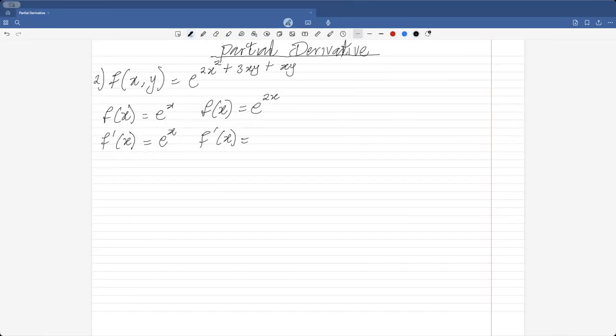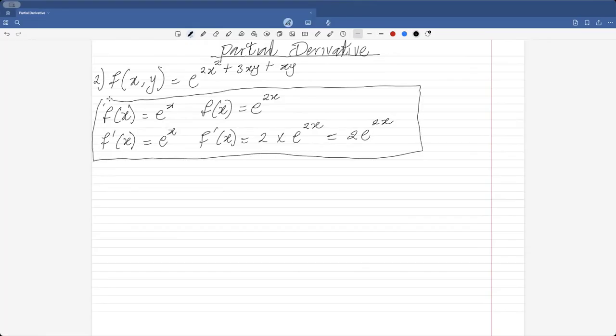The inside function is 2x, which is at the top. So derivative of 2x is 2 multiplied by the derivative of the outside function, which is the same as e to the power of 2x. So the final answer becomes 2e to the power of 2x. So this same method here, we will apply it to the question.